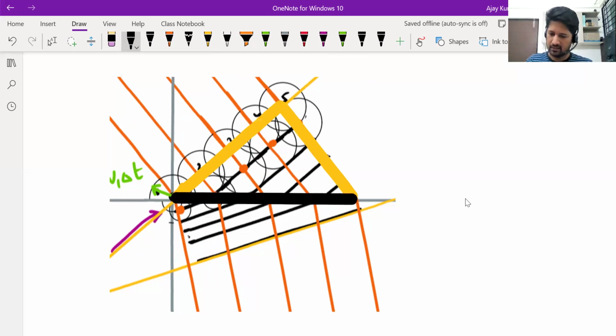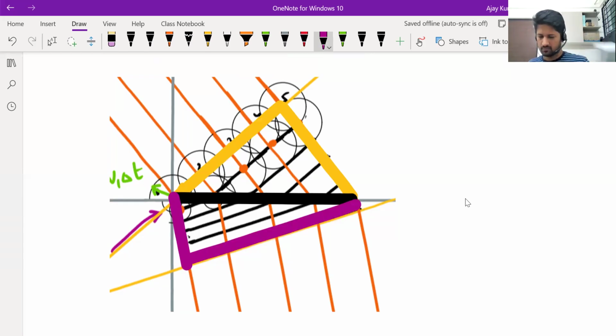So this is one triangle, and the other one formed in the second medium is this. These two are right angle triangles, because the right angle forms between the wave and the wavefront.